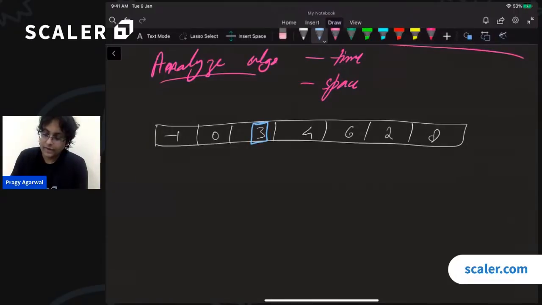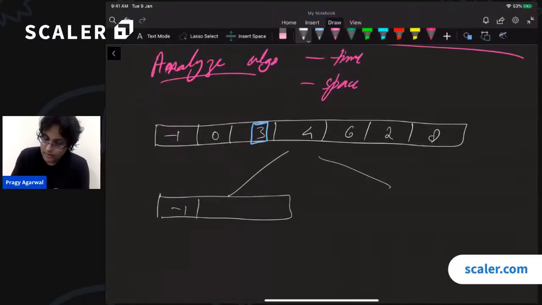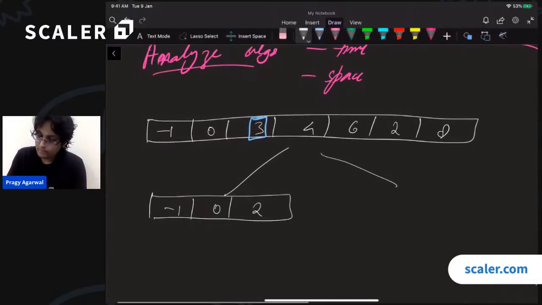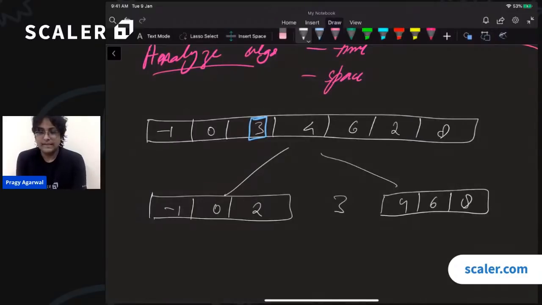Using 3, we will split this up. So we will have -1, 0, then 2, and over here we will have 3. And on the right we will have 4, 6, 8. Is that clear? Let us suppose that initially we chose this pivot. Then this will be the split, right?